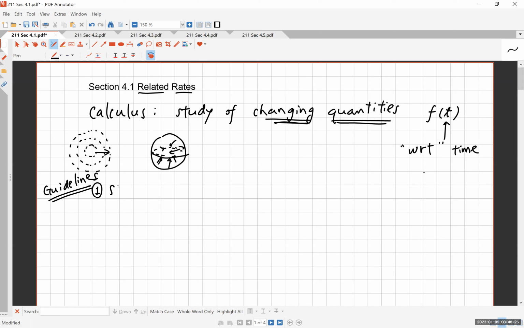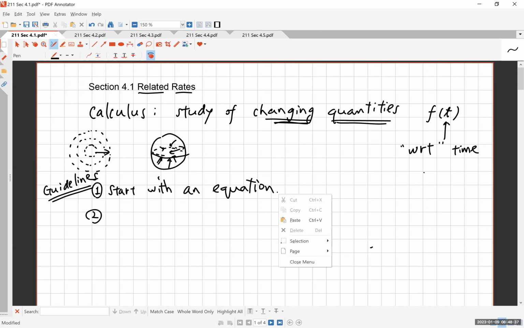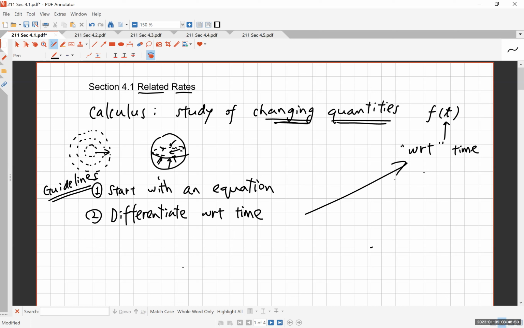Number 1, you start with an equation. Oftentimes it's a geometric equation or an equation that is based on something that we have studied, and then we differentiate. And here is the important part. We differentiate with respect to time. Okay, and that's what I was talking about here. And then you plug in the given information.